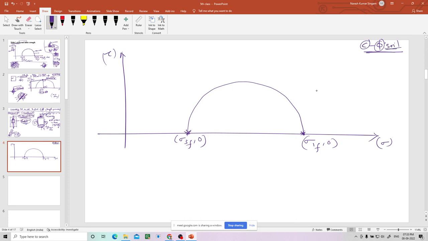Now some soils can have only cohesion but not friction. Those are called cohesive soils, for example clay. And cohesionless soils are those where there is no cohesion, only friction angle, meaning C is 0.